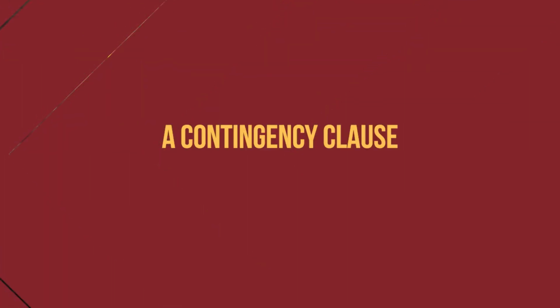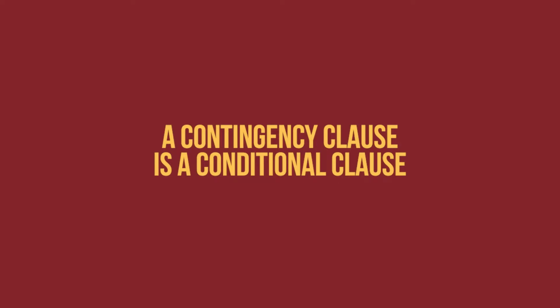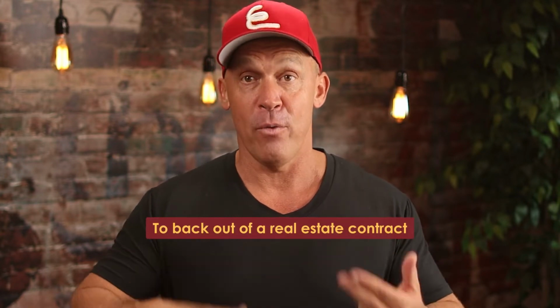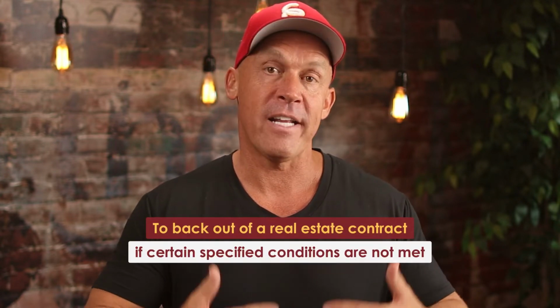All right, so a contingency clause is a conditional clause. If this happens, then this can happen. Or if this doesn't happen, then this can happen. And contingency clauses are used to provide a way for one or both parties, the buyer or the seller, to back out of a real estate contract if certain specified conditions are not met. They are clauses in a purchase agreement specifying an action or requirement that must be met for the contract to become legally binding.